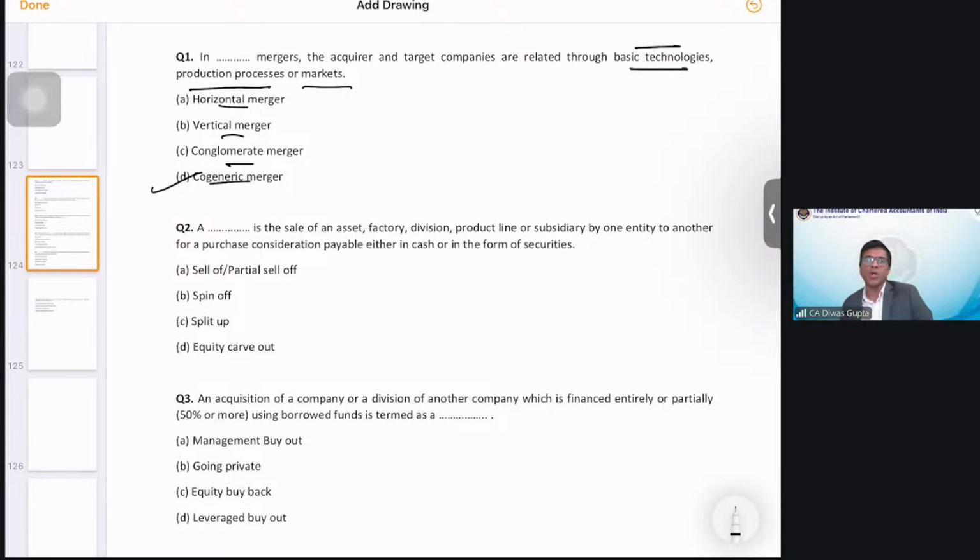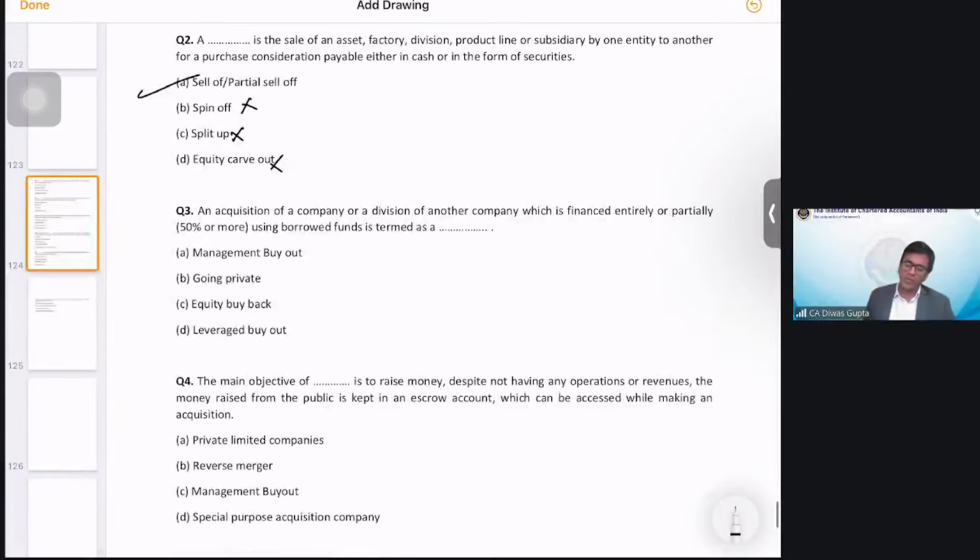What is this process called where you just outrightly sell these assets, factory, division, product line, to someone? Very good. Sell off or partial sell off is the right answer. It's not a spin off because you're not incorporating a new company within the same group. It's not a split up. It's not an equity carve out, right? It's a sell off. Then third question, students.